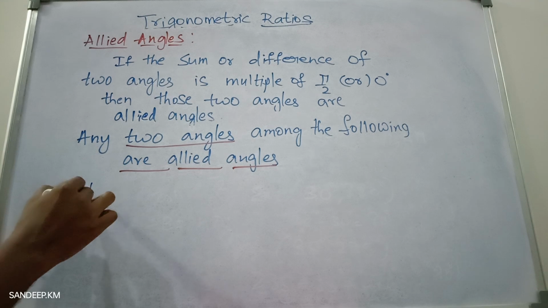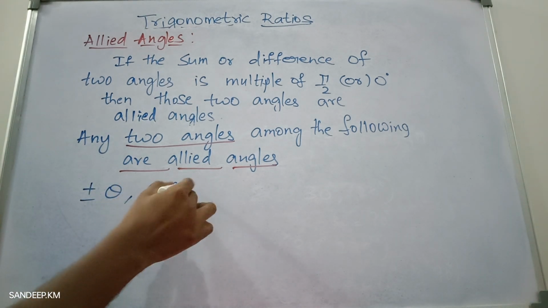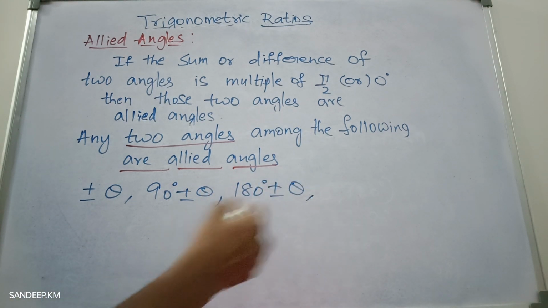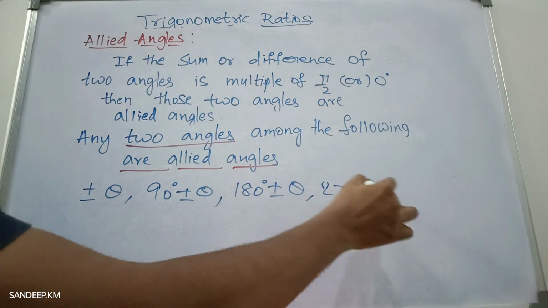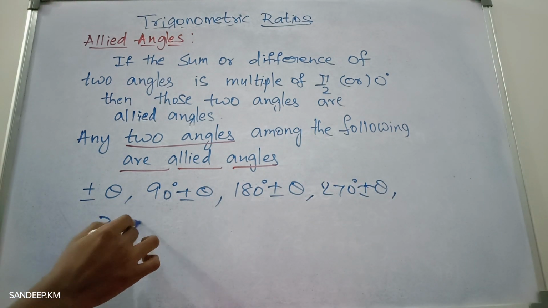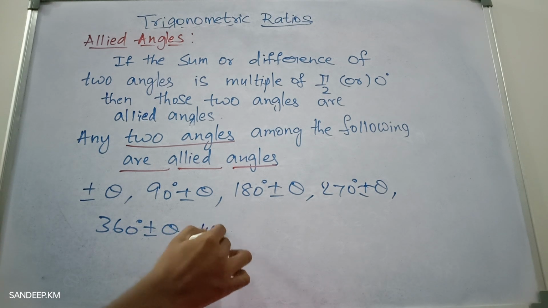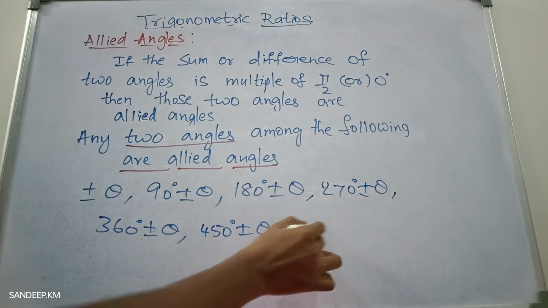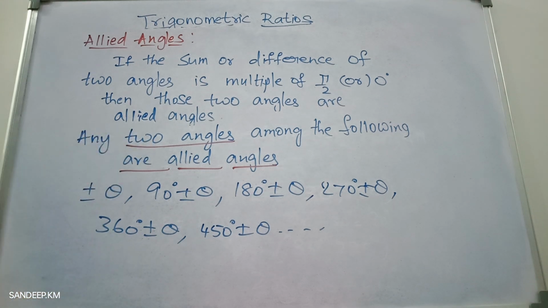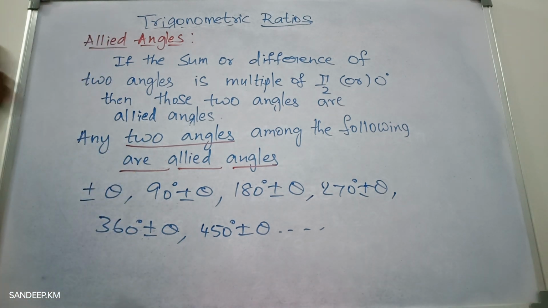Plus or minus theta, 90 degrees plus or minus theta, 180 degrees plus or minus theta, 270 degrees plus or minus theta, 360 degrees plus or minus theta, 450 degrees plus or minus theta, and so on. So among these angles, you can take any two angles. Those two angles will be allied angles, certainly.